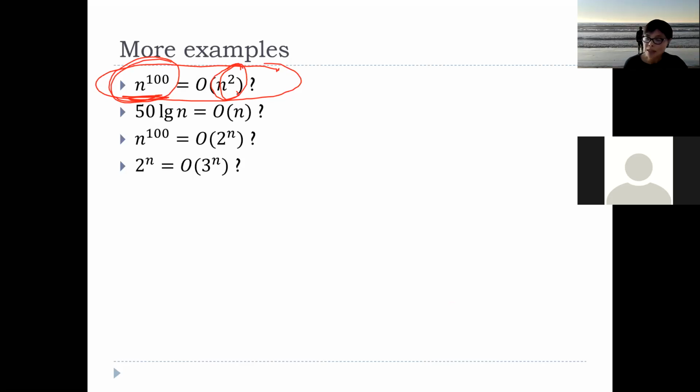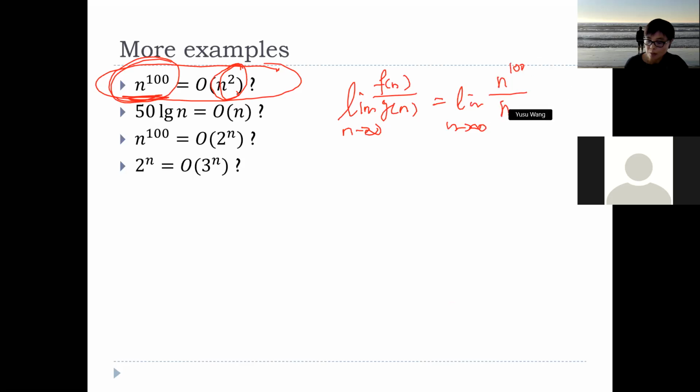To see this more formally, if I ask you to prove it, you can just take the limit of f of n over g of n, which is n to the power of 100 over n squared, which is the limit of n to the power of 98.